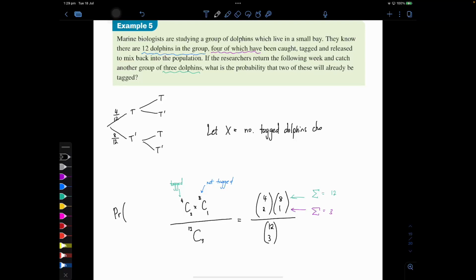So how many dolphins can you choose that are tagged? You can choose none of them, one of them, 2 of them, or 3 of them that are tagged. And the question's asking for the probability that the number of tagged dolphins is equal to 2.